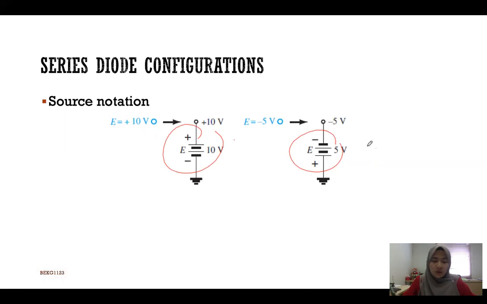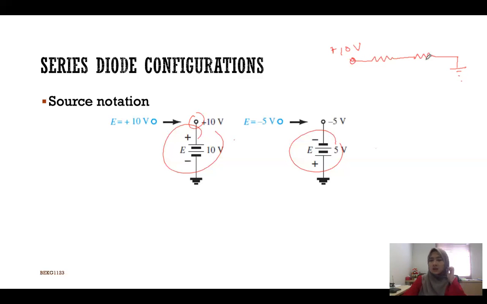But sometimes in a circuit, instead of drawing the voltage source symbol like this, we use a circle like this. For example, I label this as positive 10 volt. So instead of drawing the voltage source like this, I just draw a single line like this.